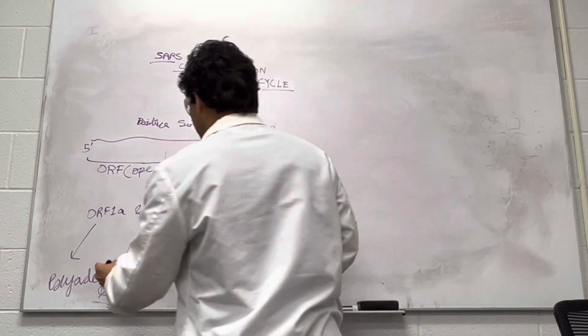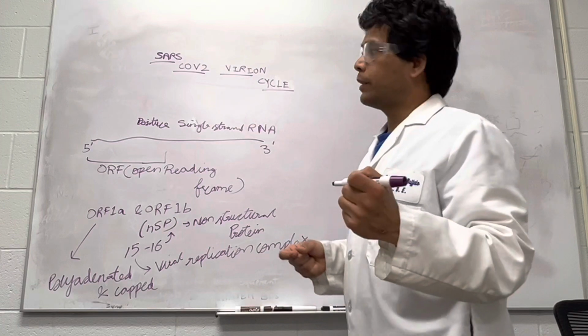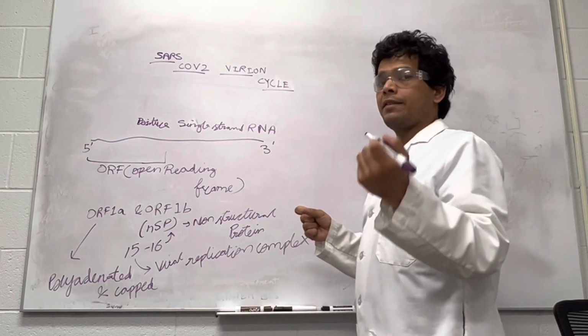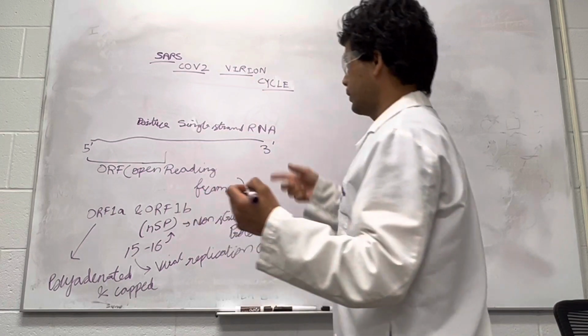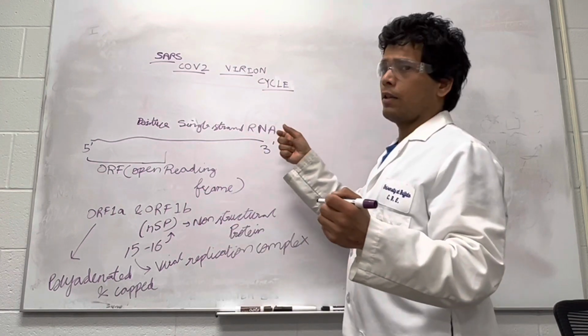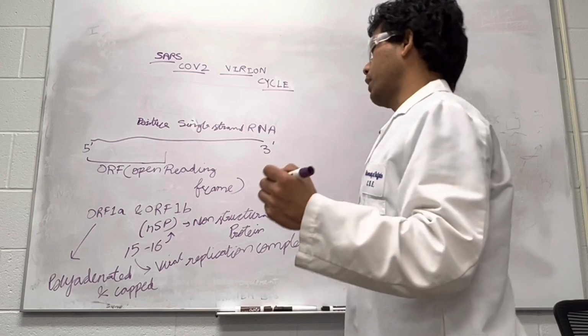What is the function of this polyadenylated and capped RNA? It is to stabilize the RNA and prevent it from degradation. So with the help of this, the RNA will survive for a longer duration of time.